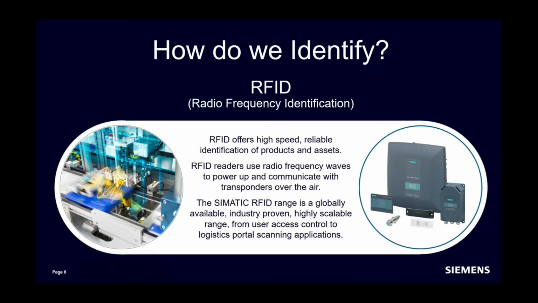RFID in industry is used for a few different applications. There's primarily three areas. There's access control, there's production flow control, as you can see in the little image on the left with the reader underneath the constrained production line, and there's logistics. So in your warehousing, in your logistics centers for scanning batches coming in and out, coming off lorries through portal doors, that sort of thing.